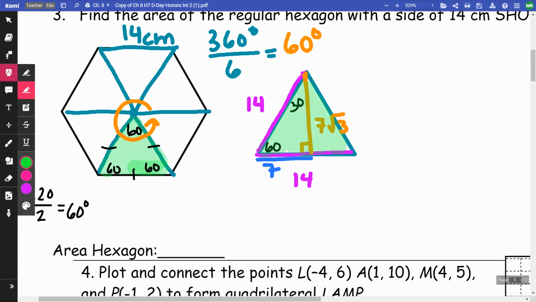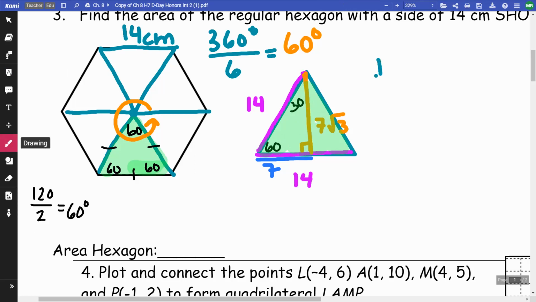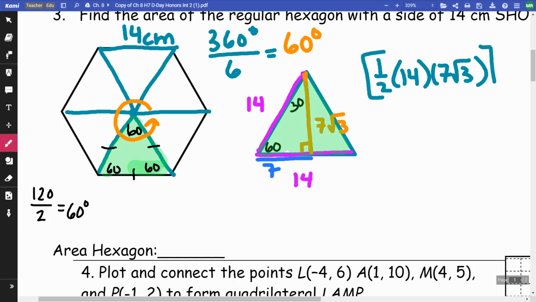The whole triangle. I am going to end up going 1/2 times my base, which is 14 all the way across, times my height, which is 7 root 3. And I have 6 of these triangles.